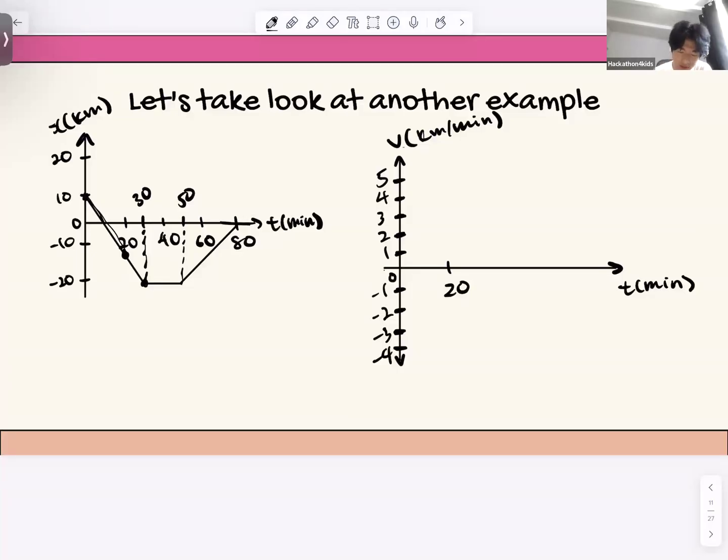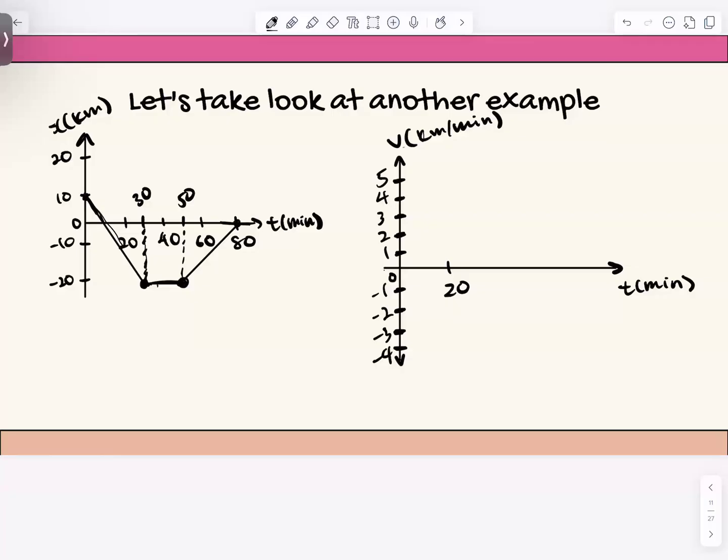Okay, wait, I'm sorry. So this is a downward straight line from 0 all the way to 30 minutes. Oh, wait, yeah, shoot. I'm sorry if that wasn't clear. Is that clear to everyone? I should have made it a little simpler actually. Okay, wait. So it's a downward straight line from 0 to 30 here, and then a straight line from 30 to 50 here, and then an upward line from 50 to 80.